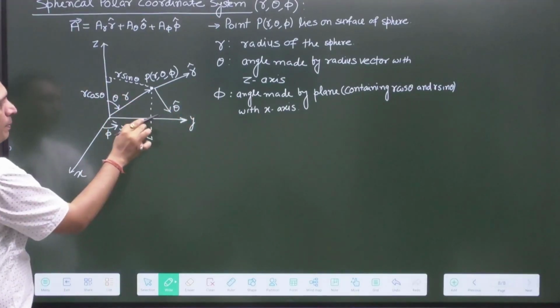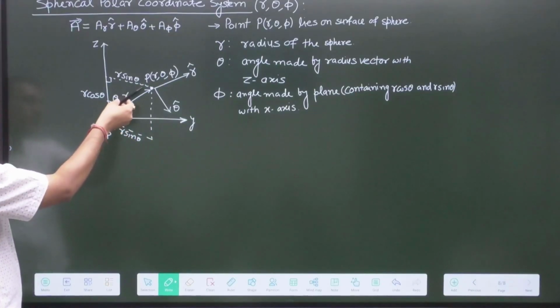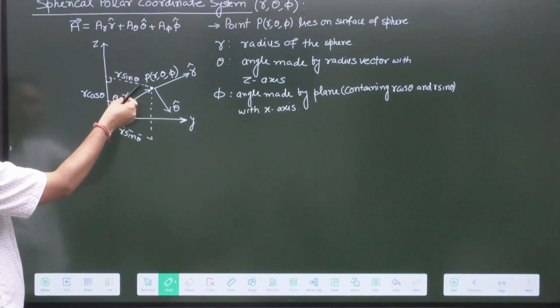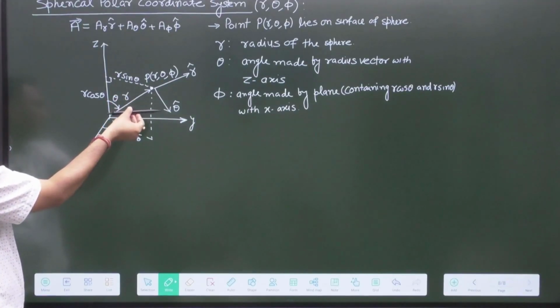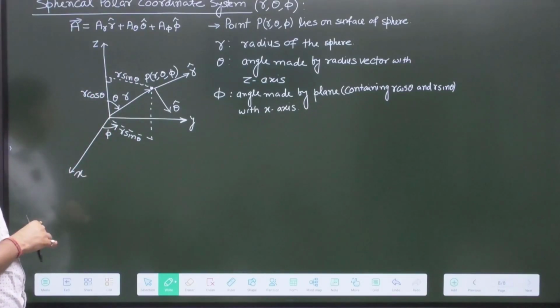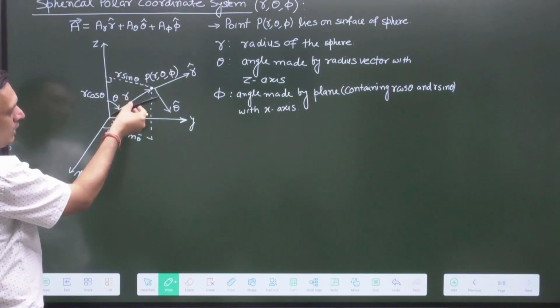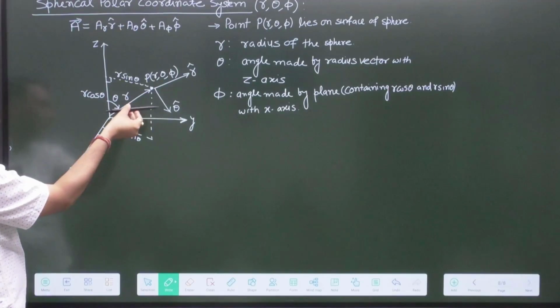Theta cap is perpendicular to r cap in the increasing direction of theta, because if point P moves in this direction, theta is increasing. So this is positive theta. Negative theta is opposite to this. Negative r is opposite to this. Clear? If point P moves in theta cap direction, theta is increasing.